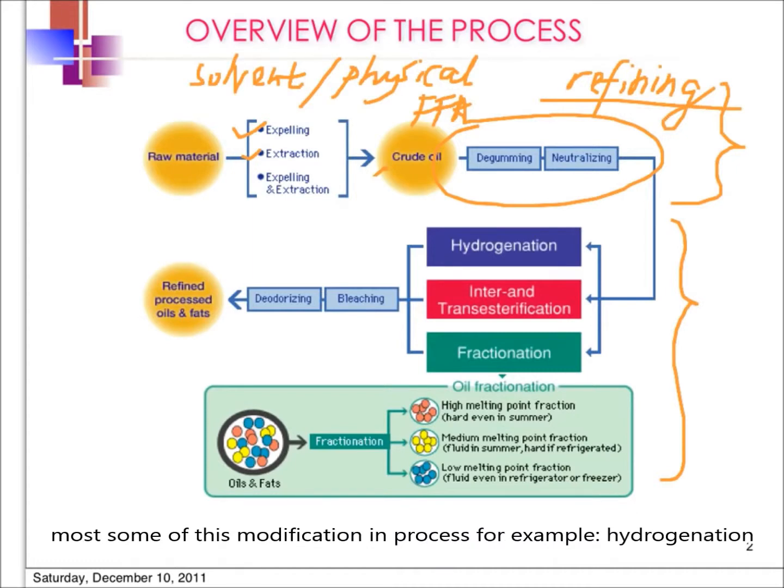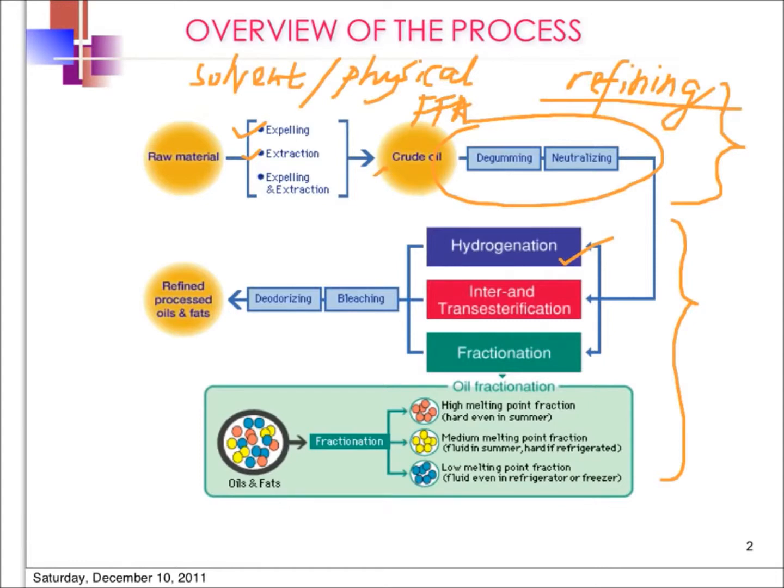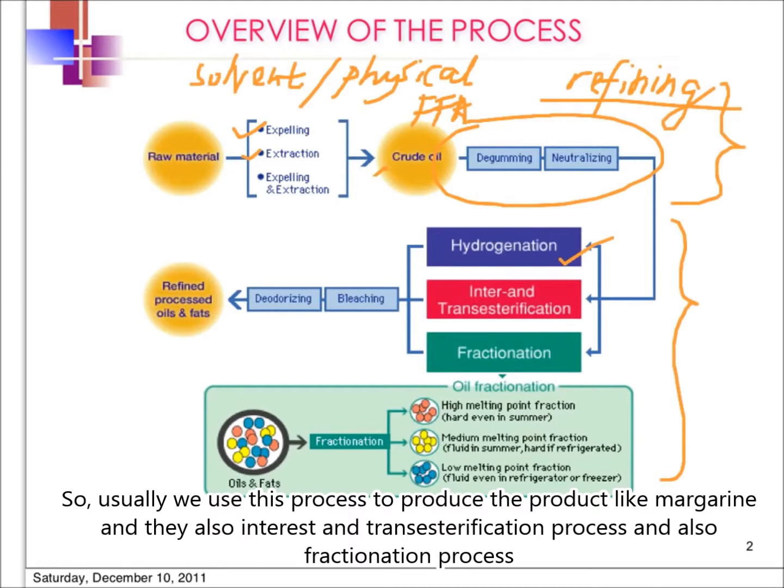Some of these modification processes are, for example, hydrogenation. This is a very widely used process in the industry to increase the melting point and the solid fat content of the fat. So usually we use this process to produce a product like margarine.